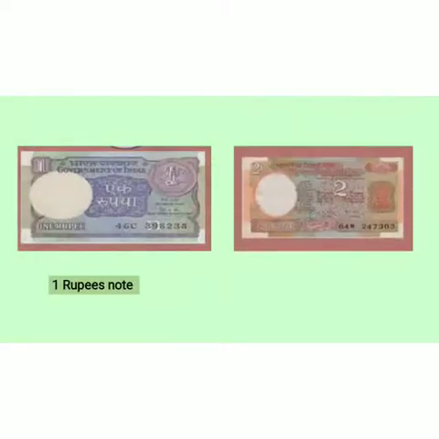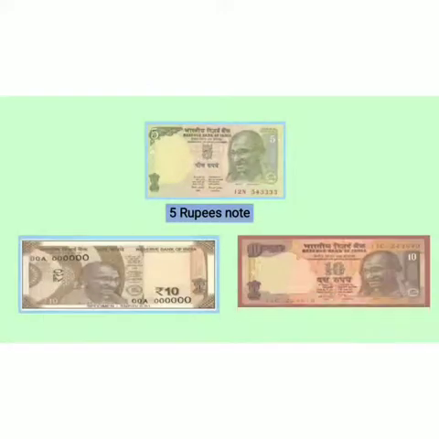Now I am going to introduce some notes. 1 rupees note, 2 rupees note. Children, these also we cannot use nowadays because we are having 1 rupees coin and 2 rupees coin in our currency. 5 rupees note, 10 rupees note.